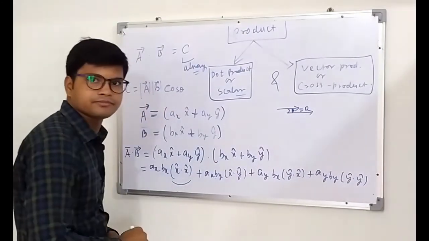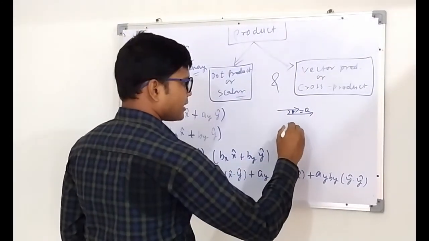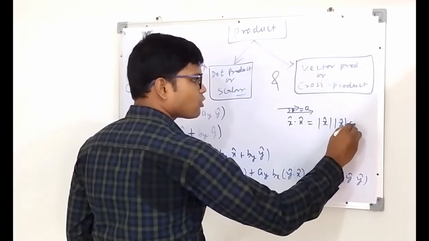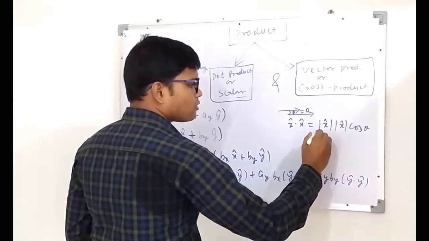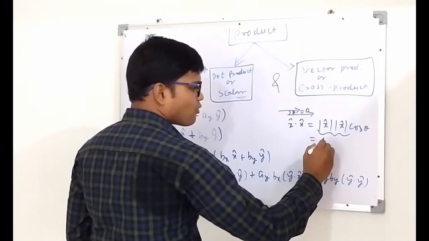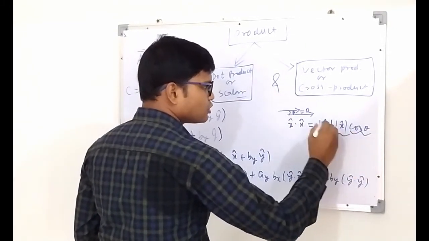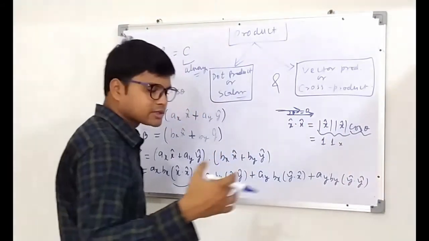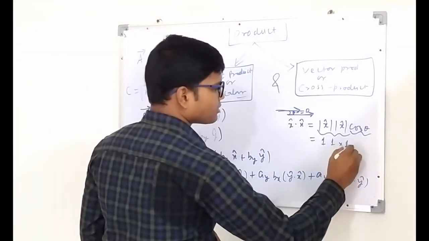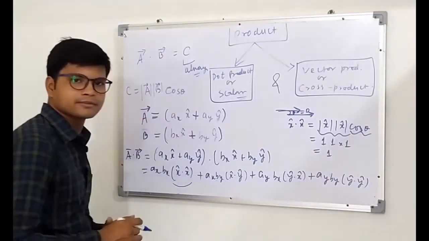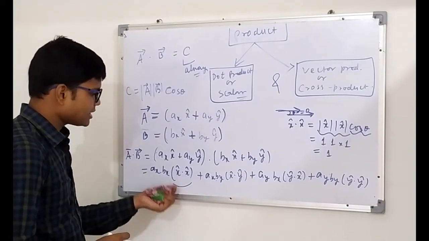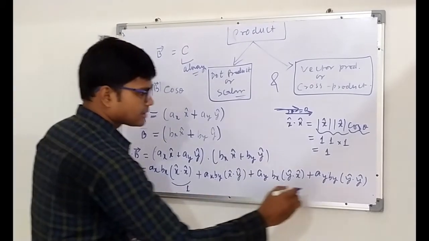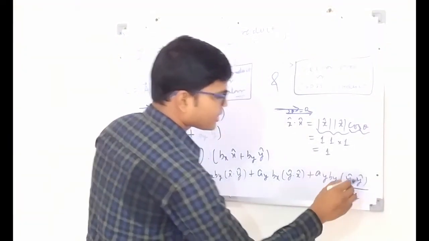I know the angle here, so we use x hat dot x hat to find the magnitude of this thing times cos of theta. The magnitude of x hat is 1 and this is 1, and cos 0 is 1, because these two vectors are the same, that's why the angle between them is 0. So 1 times 1 times 1 will always be 1. Therefore x hat dot x hat will always give you 1. Similarly, y hat dot y hat is 1.